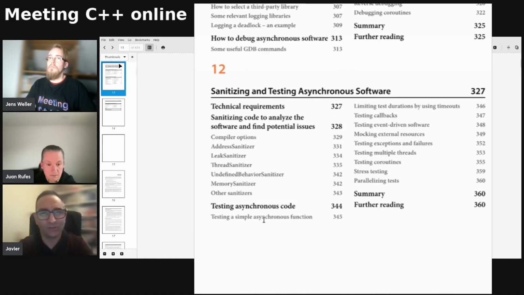Obviously you have threads, so first try to make it synchronous, testing the synchronous part instead of spawning threads. And if you also have to spawn threads, how to manage in case something goes wrong with timeouts, etc. So we go through different strategies to try to test asynchronous software. That is not always easy.